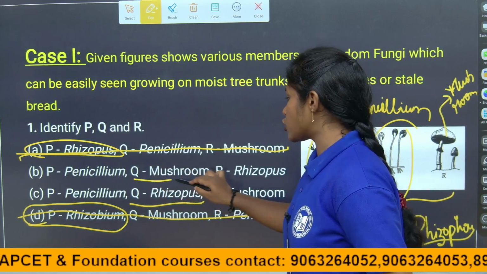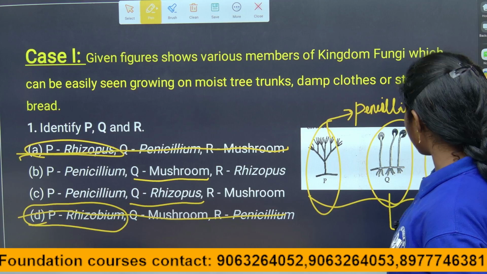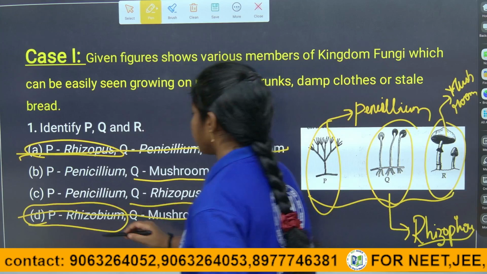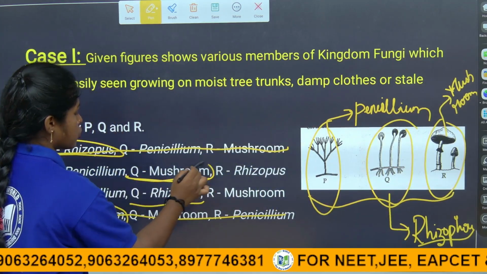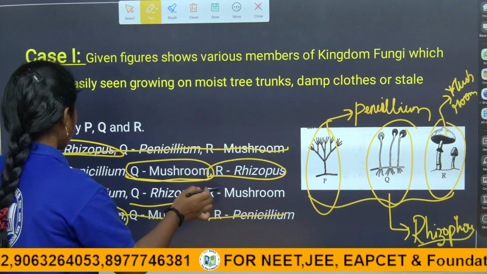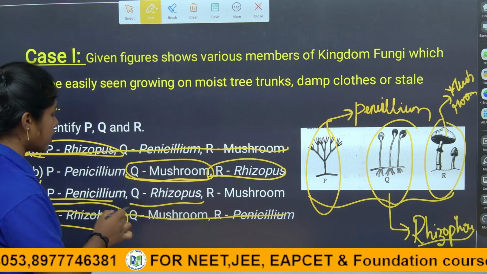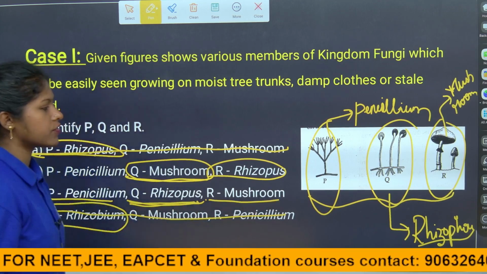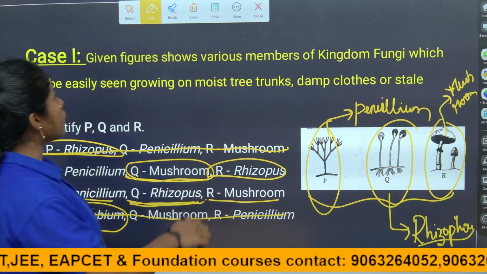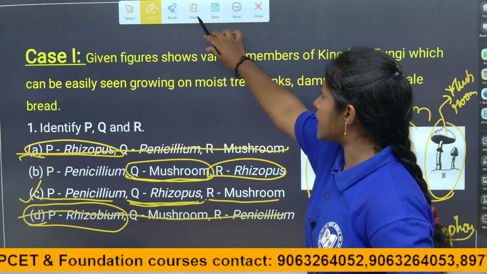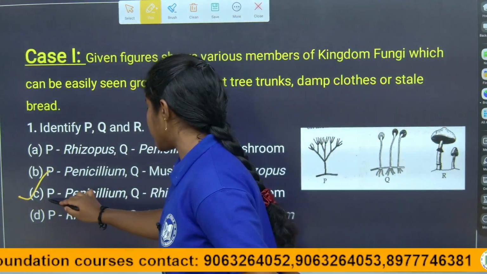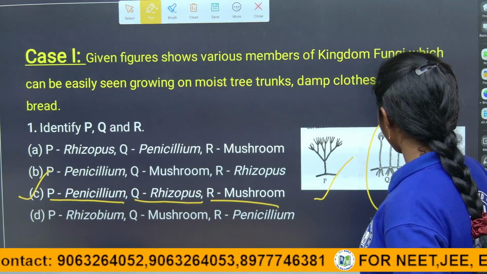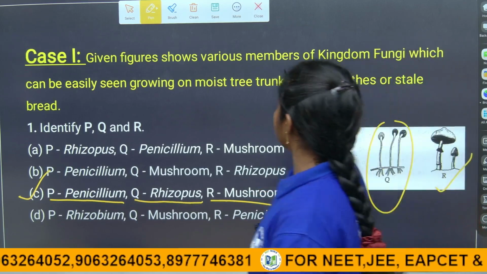In option B, Q is given as mushroom, but in option C, Q is given as rhizopus and R is mushroom. So the answer is C, because P is penicillium, Q is rhizopus and R is mushroom. Are you all clear about this question, children? For this question, C is the correct answer.